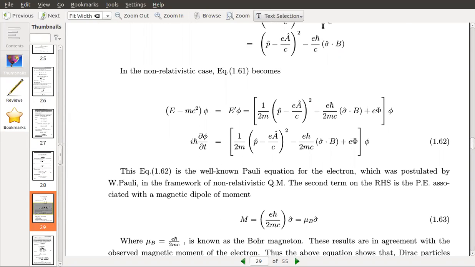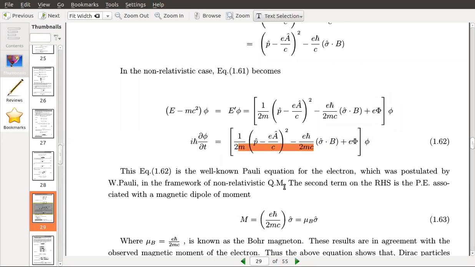Okay, so you substitute this one here, so that becomes divided by 2m, then plus eΦ into φ. Okay. So this E minus mc square, you may call it as E prime, no problem. So this E prime, you can write it as iħ ∂/∂t equal to this quantity.